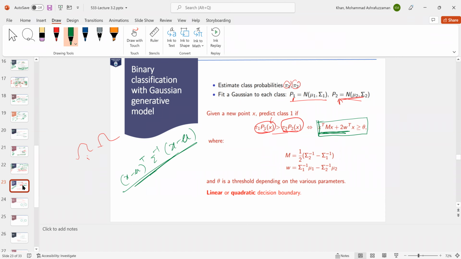Here, this will be true if and only if this is true. Otherwise, if this is not true, we have only one other case. We reverse the side. So we check for one of these. If this is true, then we classify the new data point as class 1. If this is not true, we classify the new data point as the other class.